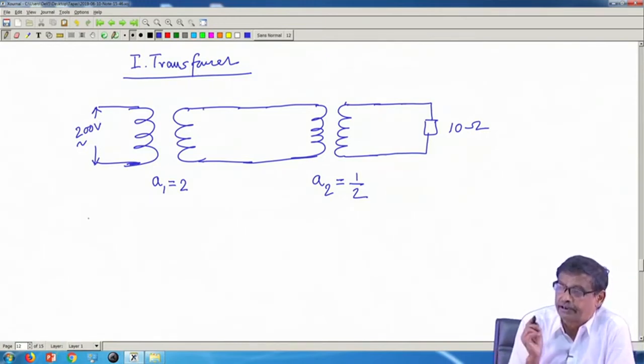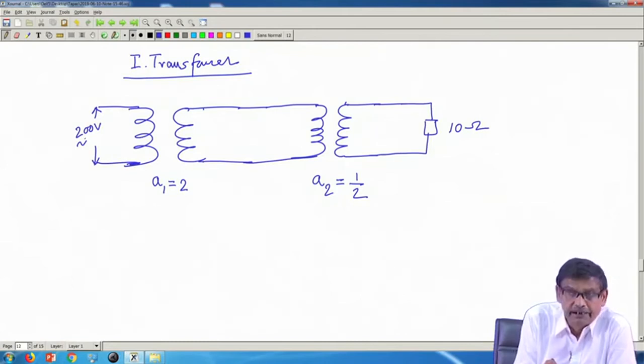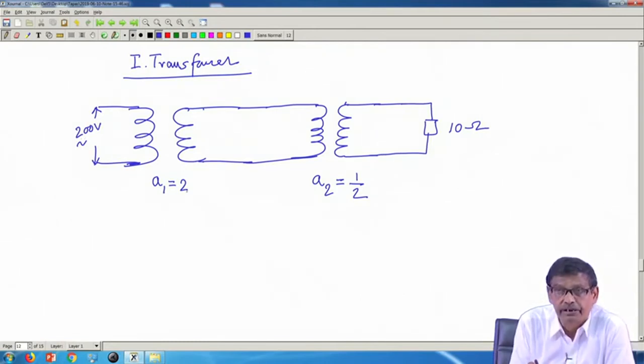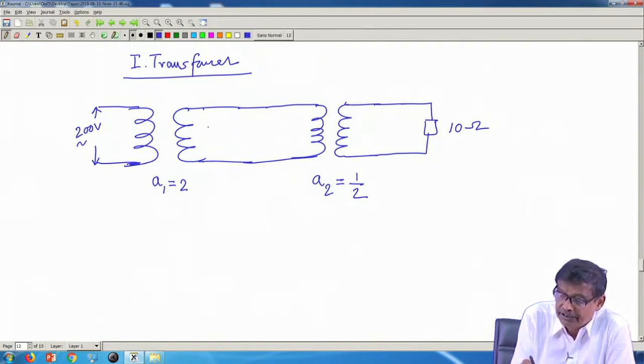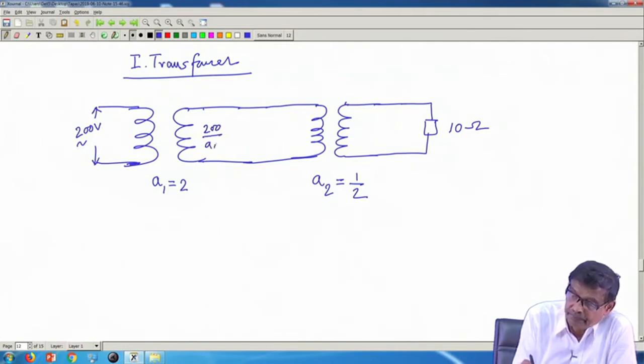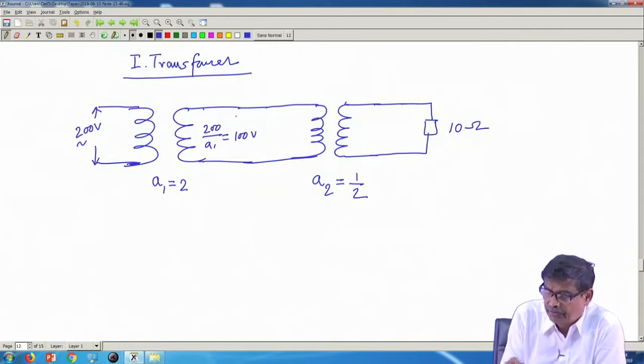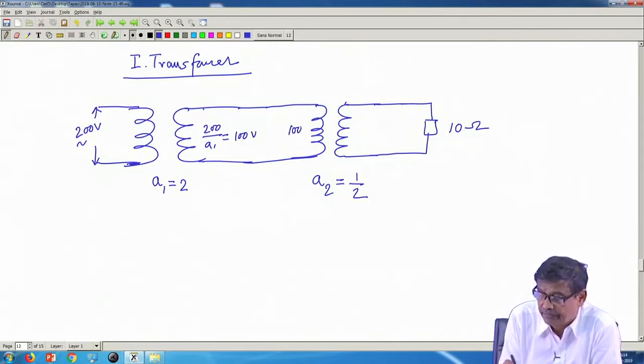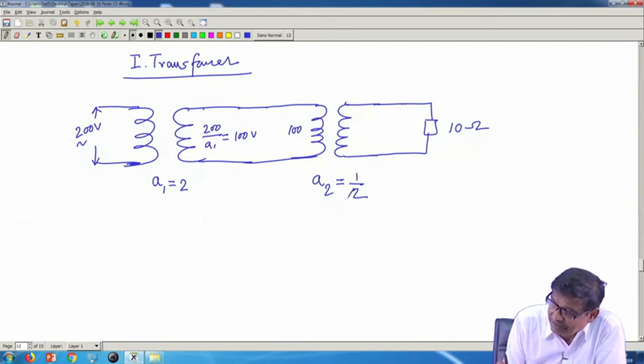I want to find out the currents. So, if you have applied 200 volt, and the ratio is this, what will be this voltage? 100 volt, because V1 by A1 will come here. So, this will be 200 by A1, which is equal to 100 volt. So, this 100 volt is applied to this transformer, and suppose let us consider this to be 1 by 4 turns ratio.